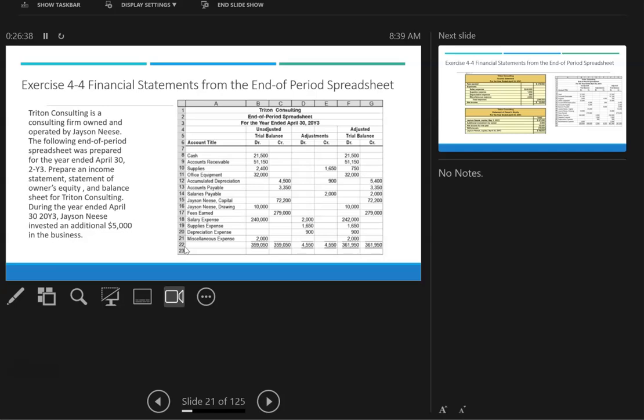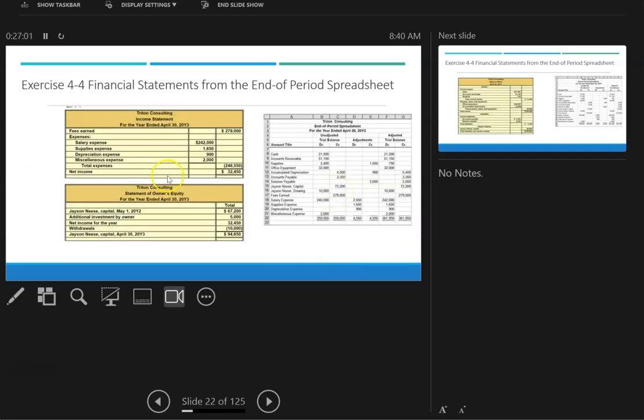So now what we do is we think, okay, we are going to use this adjusted trial balance over here to create our income statement. Do you see we're going to start with our fees earned and take all of our expenses, and they're all right in this category right here?